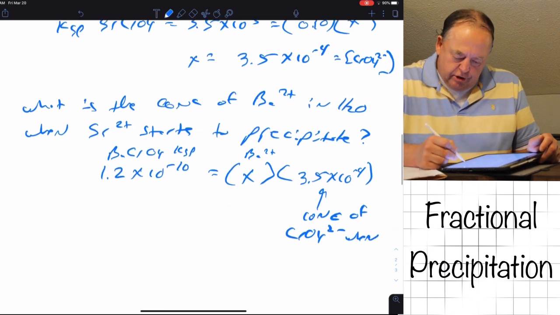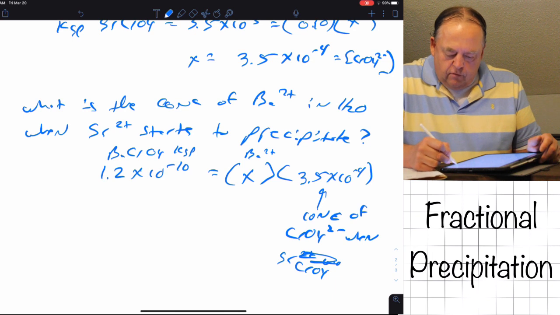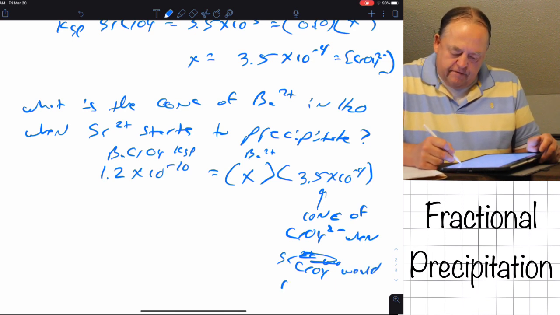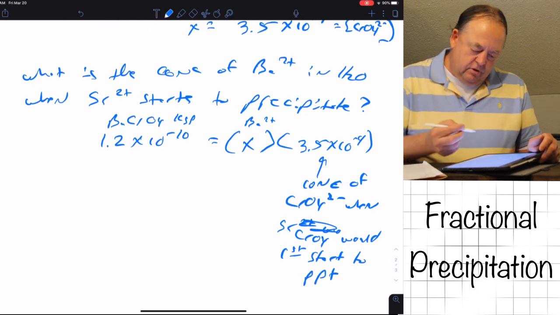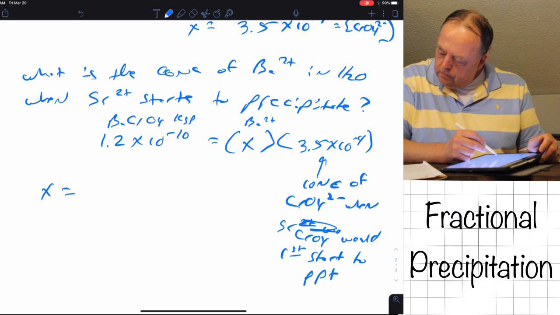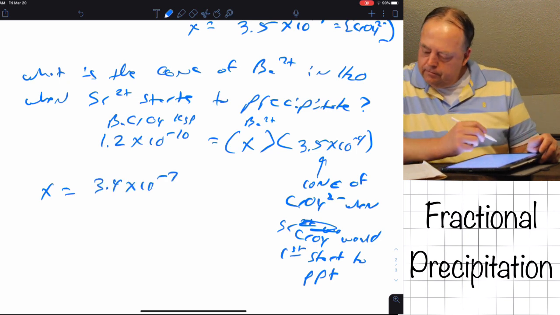That's the concentration of chromate when SrCrO4 would first start to precipitate. So solve for x. x equals 3.4 times 10 to the minus 7 molar.